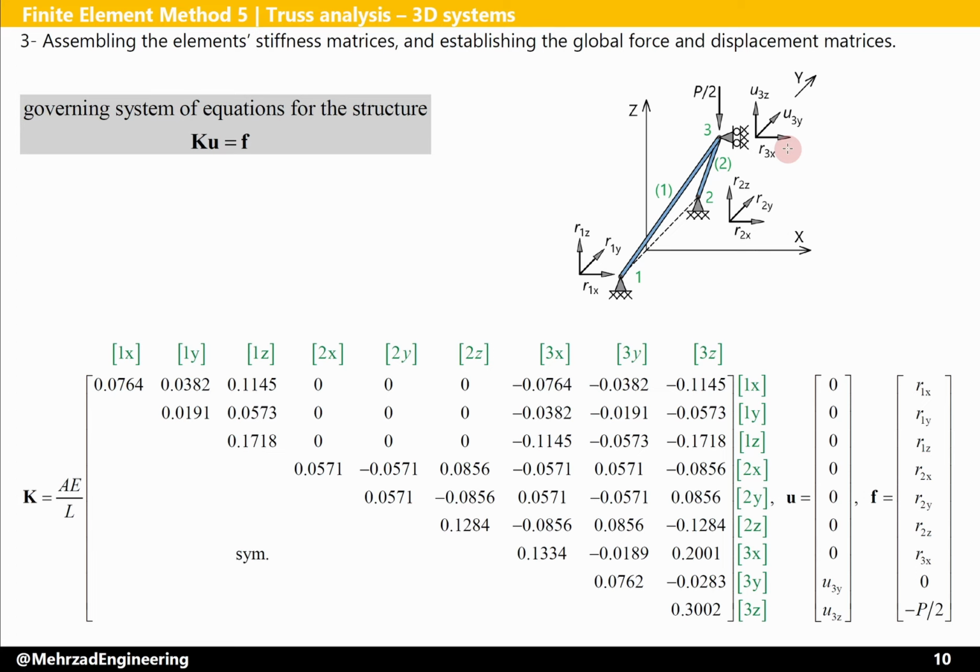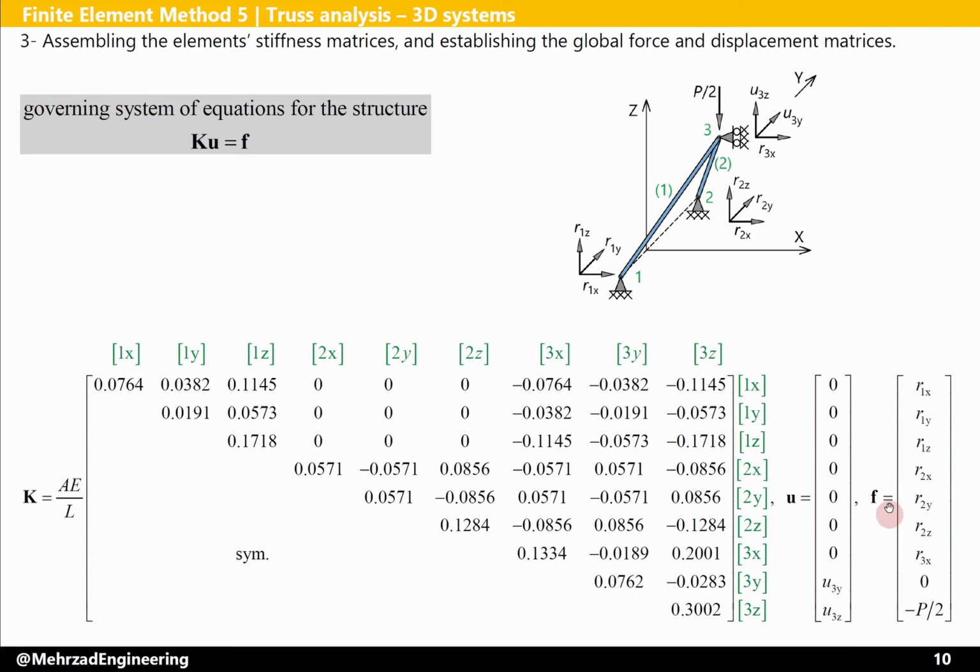The movement is fixed, so u3x is equal to 0 as well. But in y direction and z direction at node 3, displacements are unknown, and we need to find u3y and u3z.